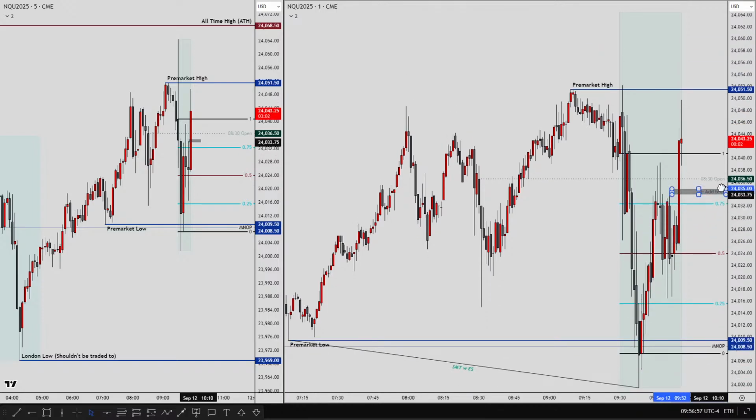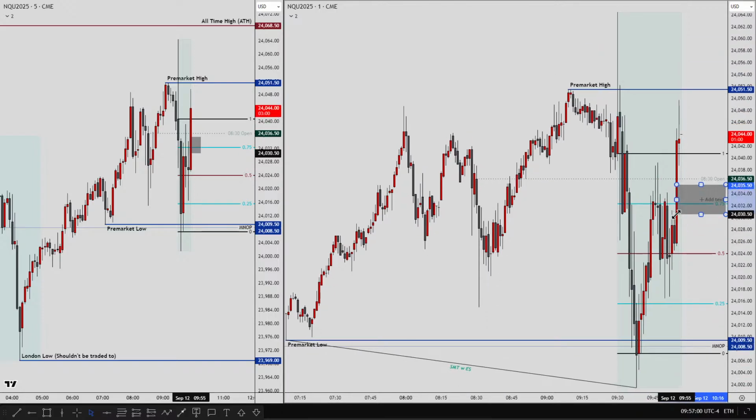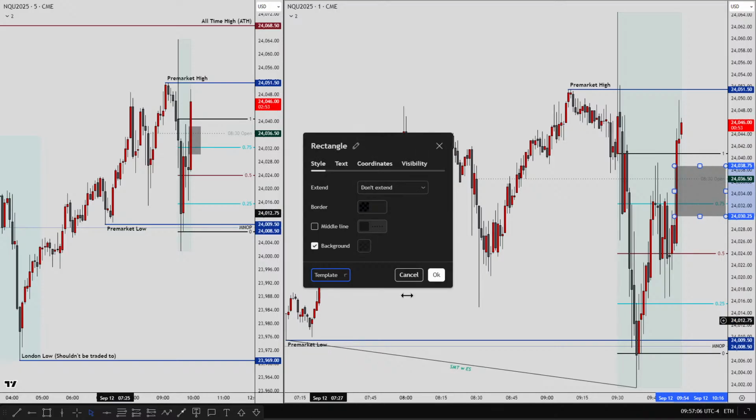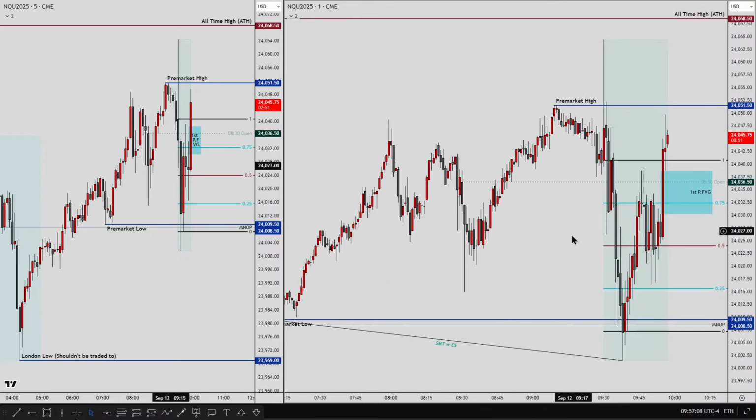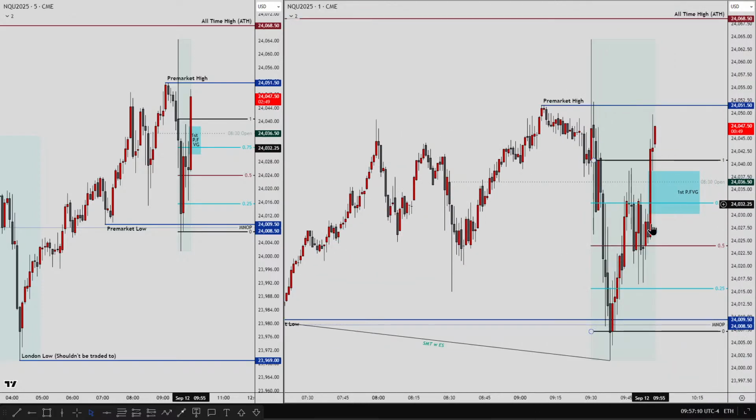I would use this one that's forming right now, because it's breaking away from the range, or from the chop.